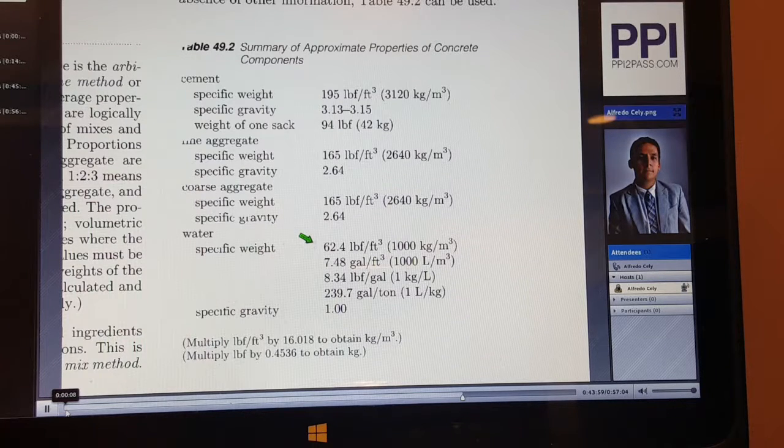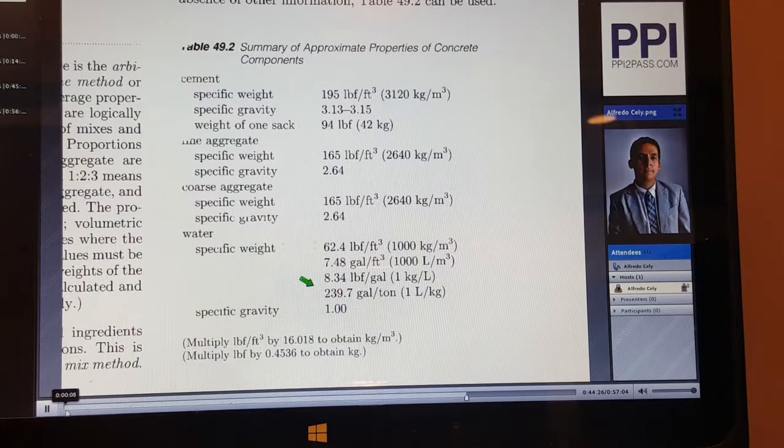Now, what I really like about this table and why I'm going to recommend that you tab this table is because this is one of the few spots in the CERN book that you get the specific weight of water in different units. And the units that are being used here are those units that will help you solve volumetric concrete mix design type of problems. So that's why I will recommend that you tab this table.